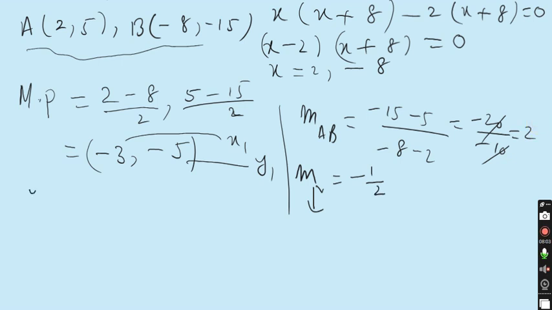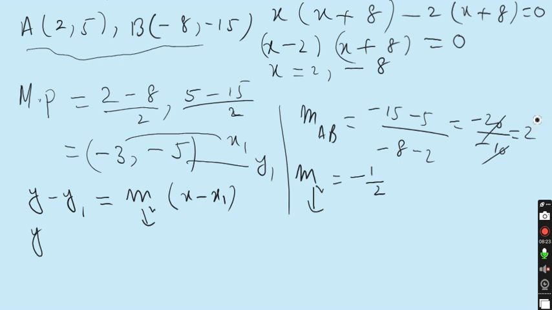Now we are going to find the equation of the perpendicular bisector. y minus y1 is equal to the gradient of the perpendicular line multiplied by (x minus x1).